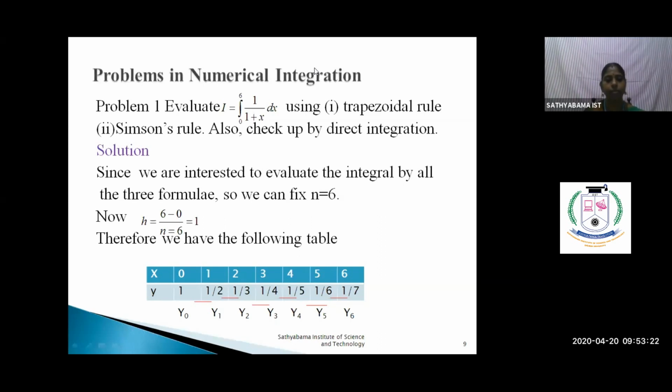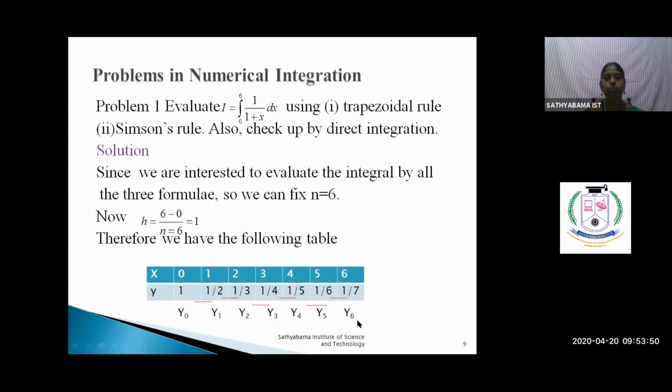The first interval is between y0 and y1, the second between y1 and y2, the third between y2 and y3, the fourth between y3 and y4, the fifth between y4 and y5, and the sixth between y5 and y6. So the number of intervals is 6.